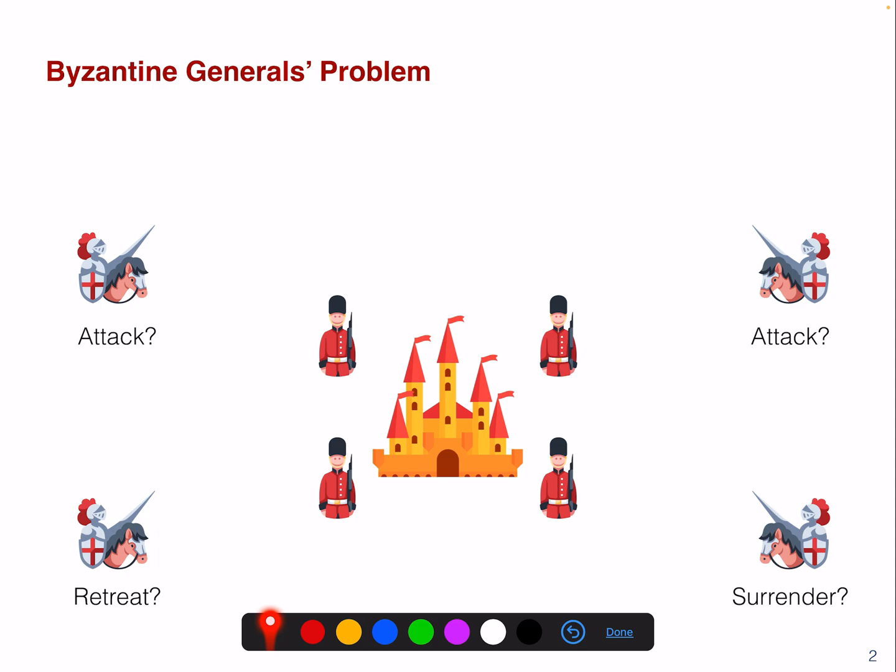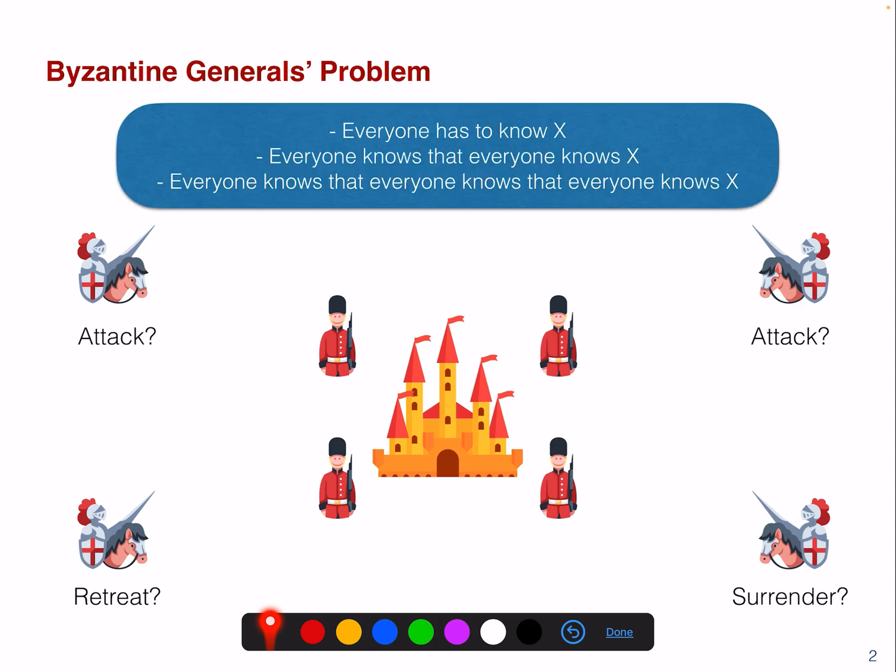So it's kind of a problem. In the Byzantine generals problem, everyone has to know something, like this value x, whether to attack or whether to surrender. But that's not enough. Everyone has to know that everyone knows x as well. And moreover, everyone has to know that everyone knows that everyone knows x.